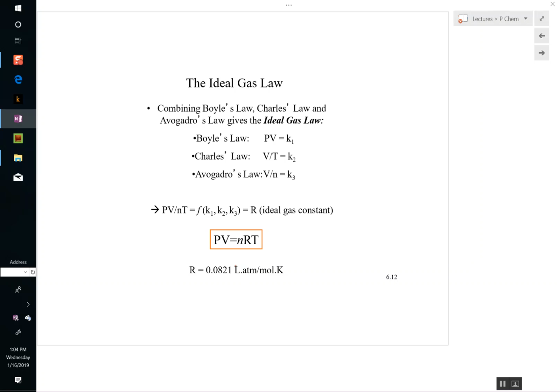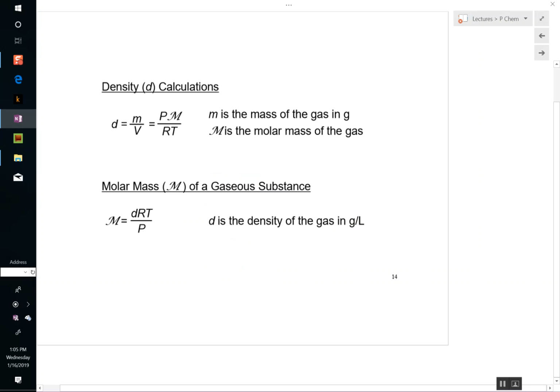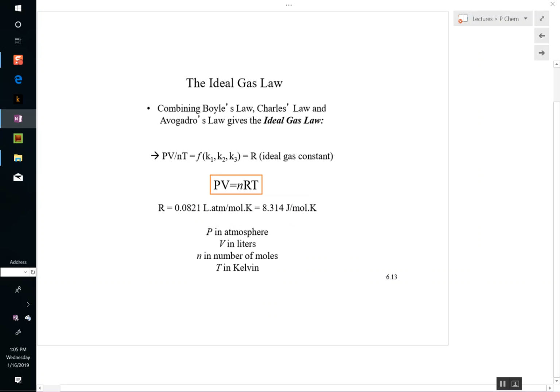When I set up the calculation, I don't just write in 0.08205, I write in these other values. One thing I'm not sure I have in these slides is Dalton's law of partial pressures, which we get to in a minute.